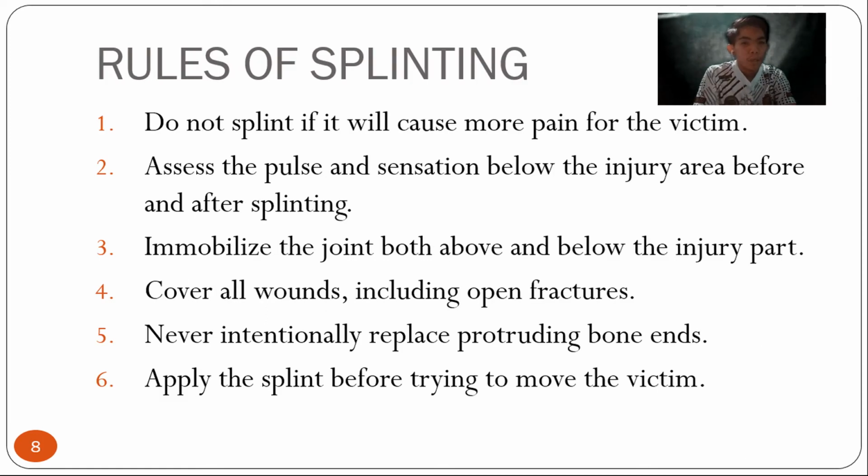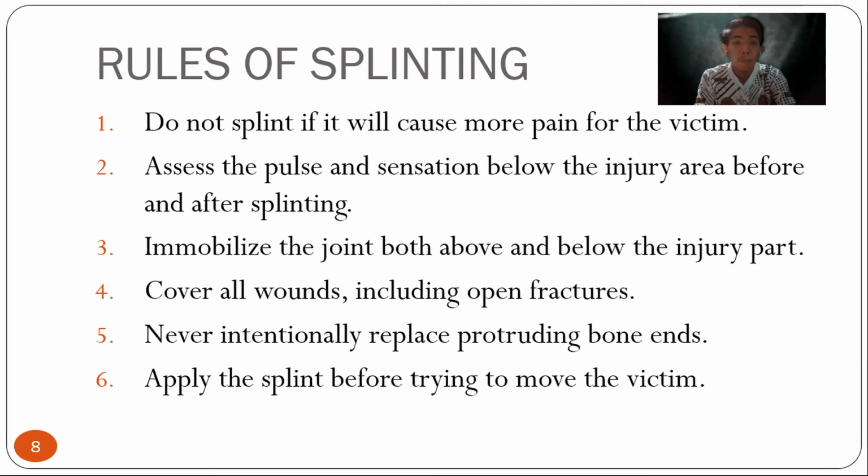Okay, these are the rules when we want to use splinting. First, do not splint if it will cause more pain for the victim. Second is assess the pulse and sensation below the injury area before and after splinting.